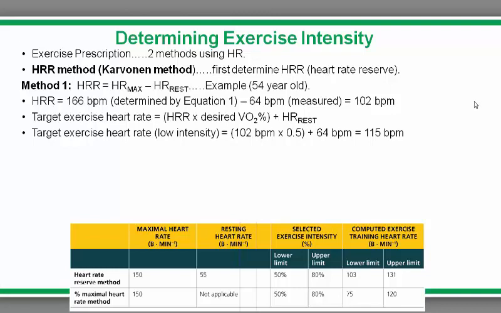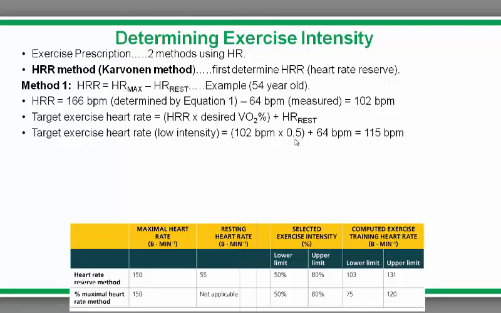And so with our same 54-year-old, if we want a low to moderate exercise intensity, here I just have low intensity, at 50% of their VO2 peak, we would just take the 102, which is their heart rate reserve, we put it into the equation, that's what we see here.